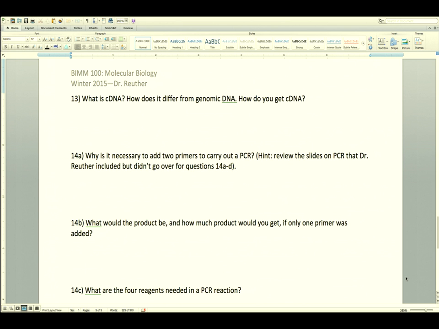All right, so going on to PCR. Why is it necessary to add 2 primers to carry out a PCR? And we have a hint up there. What would happen if you just had 1 primer instead of 2?